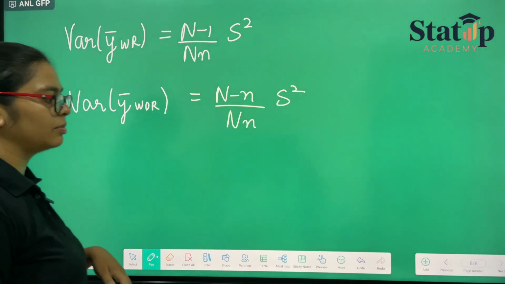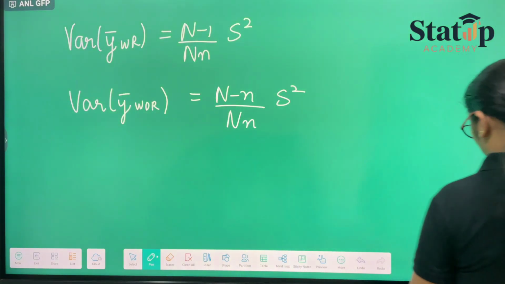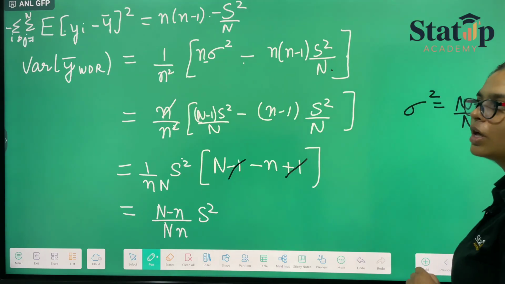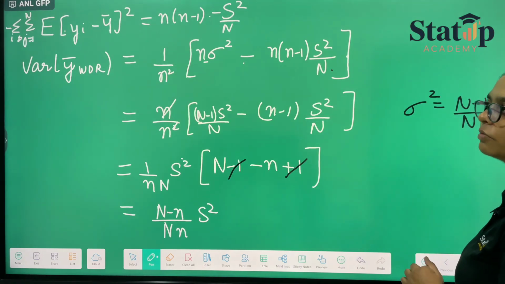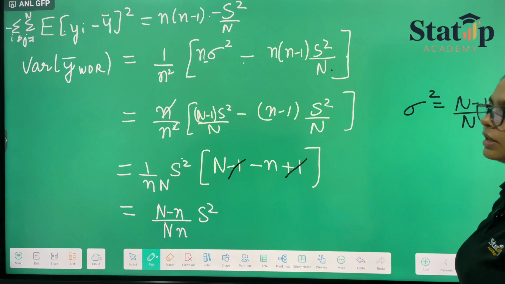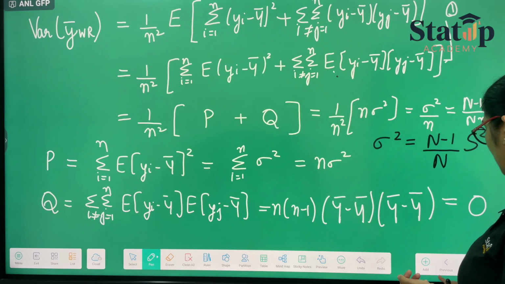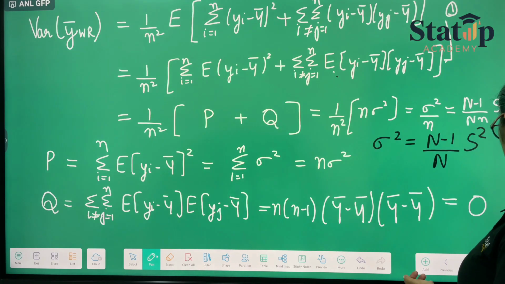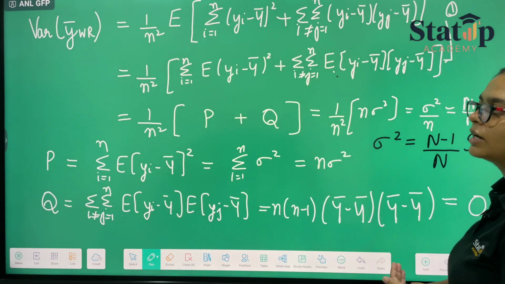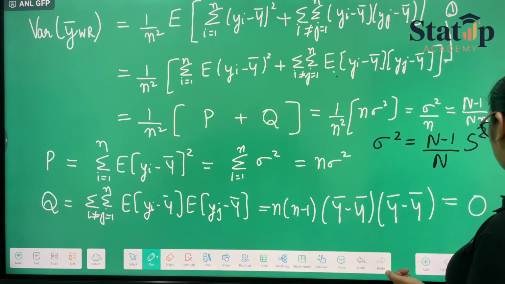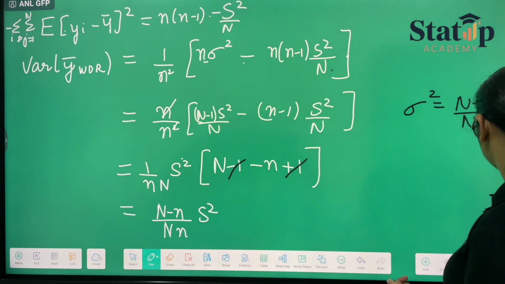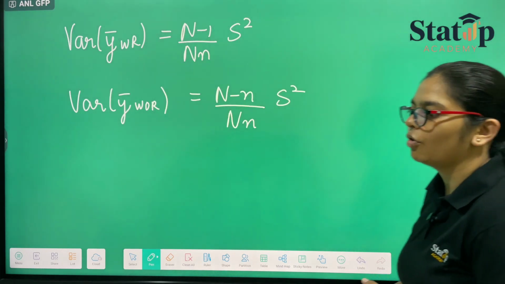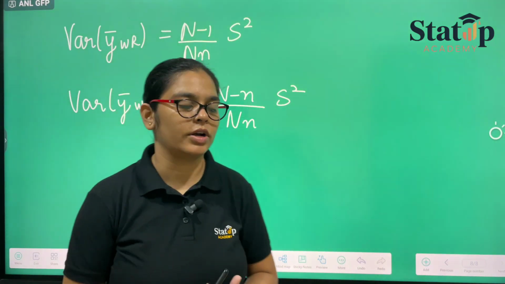These types of questions have been asked in PYQs a lot of times: derive the variance of sample mean with replacement and without replacement, state the differentiation between both of them, and estimate the population mean and the sample mean in simple random sampling with replacement and simple random sampling without replacement. So this will be your derivation for all the questions that have been asked according to this.